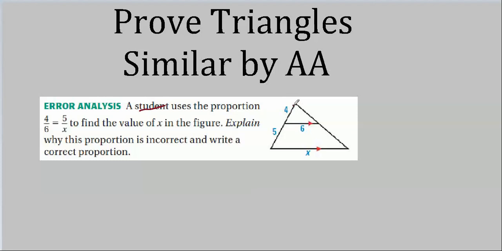The proportions we're looking for are this long side to this long base should be the same as this cutoff side to this line here. Well, this large one here isn't 4, it's 9. So what we need is 9 over this.